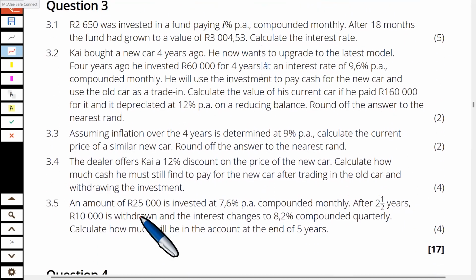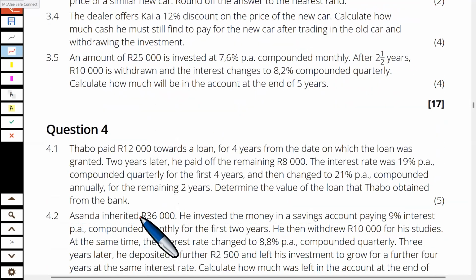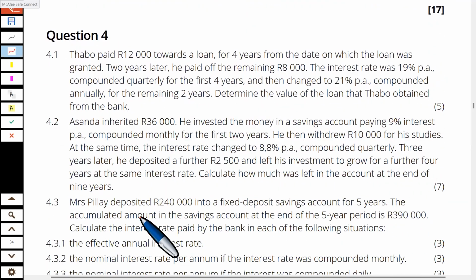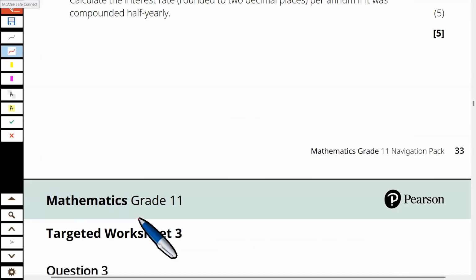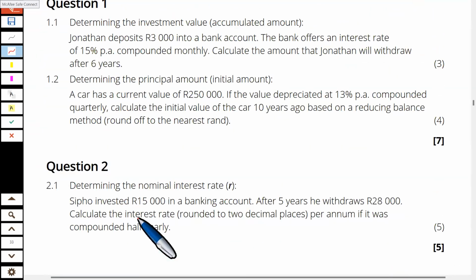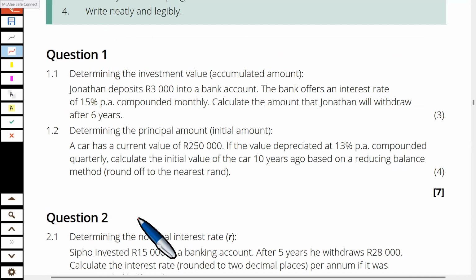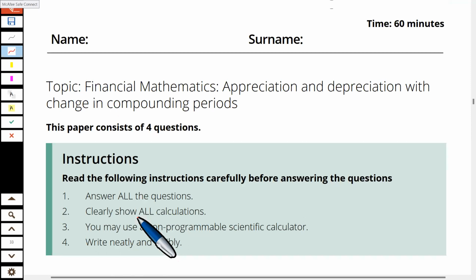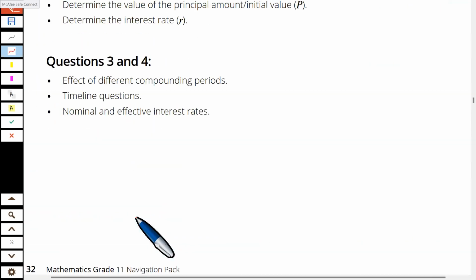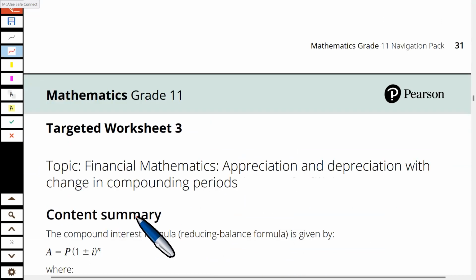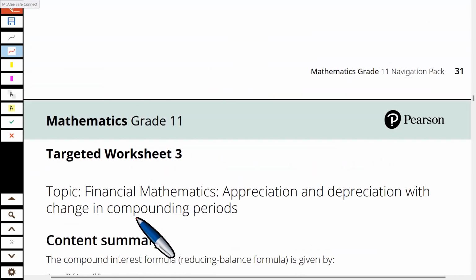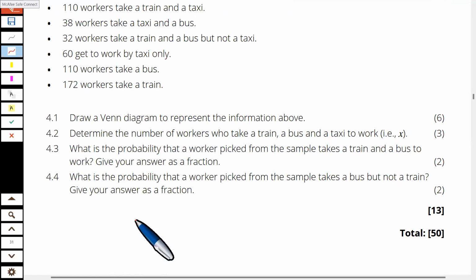Assuming inflation, the amount of that. Asanda inherited, Mrs. Pillay. We spent some time on this already. Jonathan, a car, value of that 10 years ago to the nearest rand. We spent some time on this. 3 and 4. Right, I think that's okay.